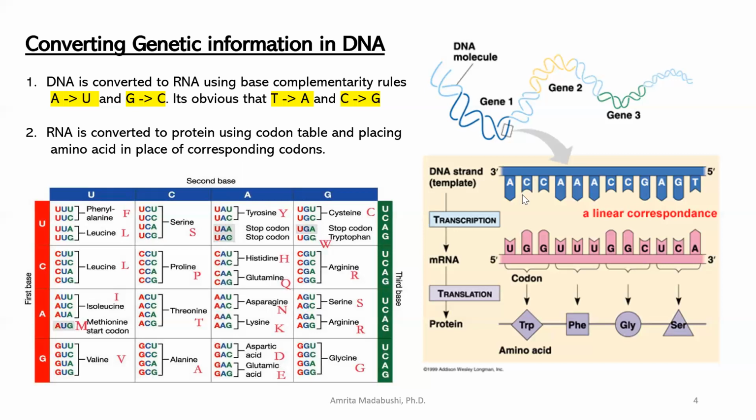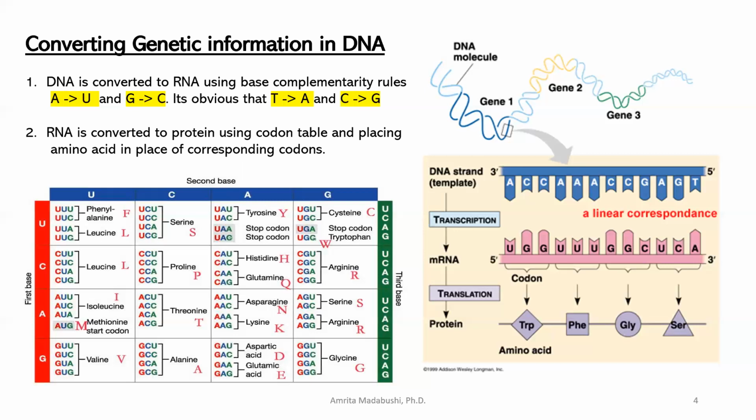So the C is transcribed as G. Similarly, C here becomes G, A becomes U, and it doesn't show everything. On the left-hand side, if there is a T, it becomes A, C becomes G, and G becomes C. So there is this linear correspondence which converts the DNA to RNA, or messenger RNA, as we say, and that is the process of transcription.